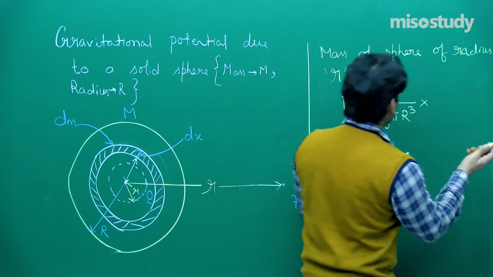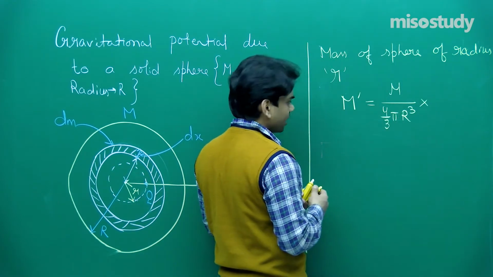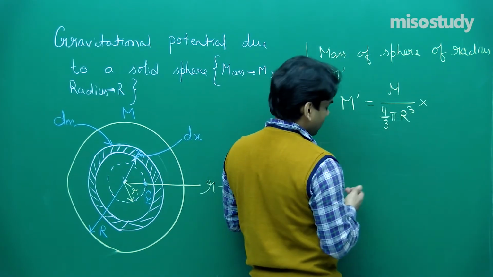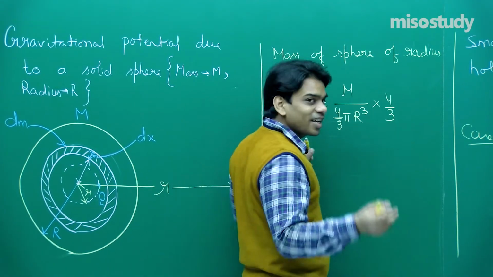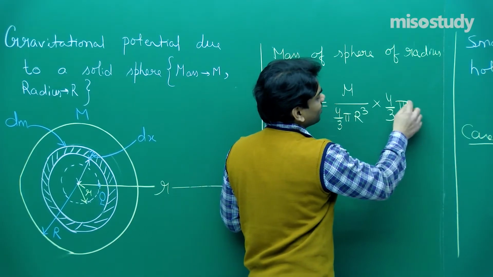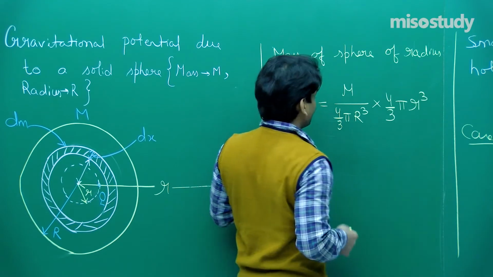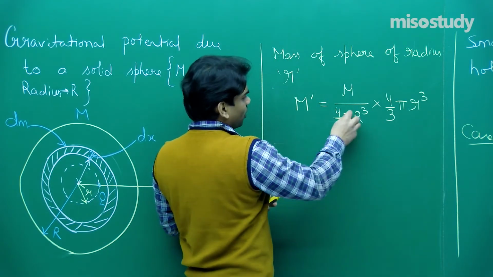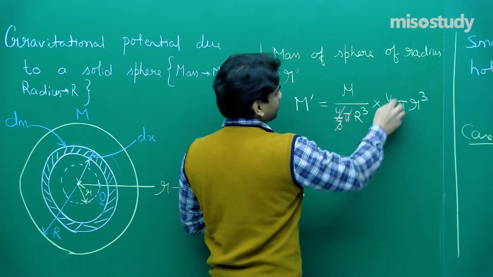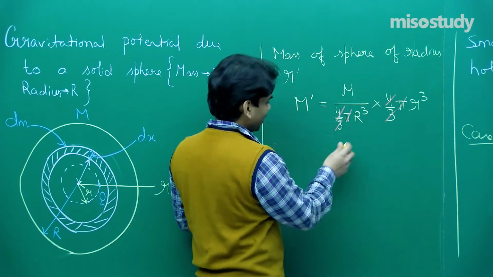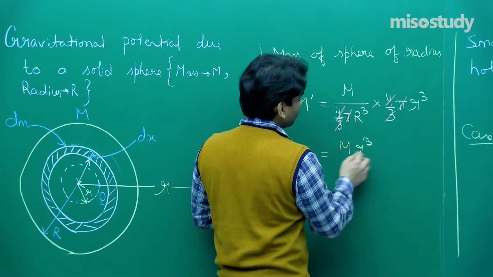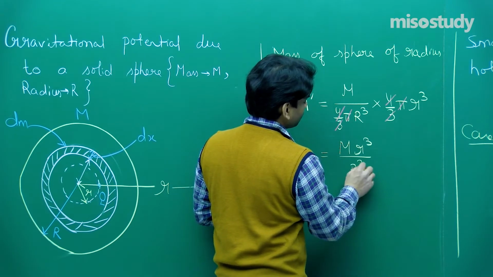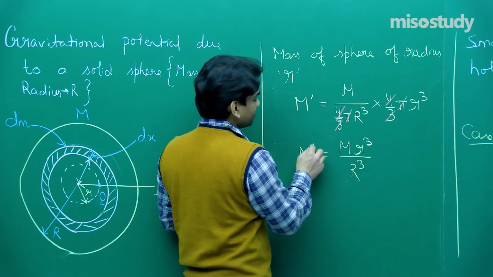This was dm, I will use it separately. First, let me mark this here, m dash is equal to m upon 4 by 3 pi R cube multiplied by the volume of this inner sphere whose radius is small r. You see, all these terms will be cancelled out. You will be obtaining m into small r cube divided by capital R cube. This is the value of m dash.